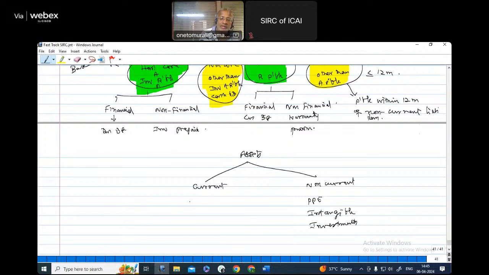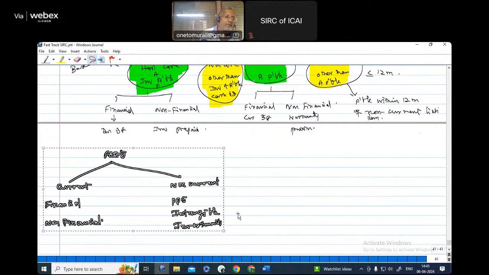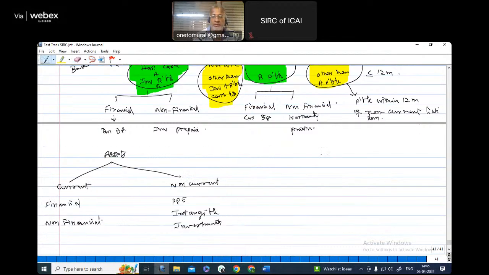Under current items, financial and non-financial. Then liabilities are to be taken up as current and non-current.